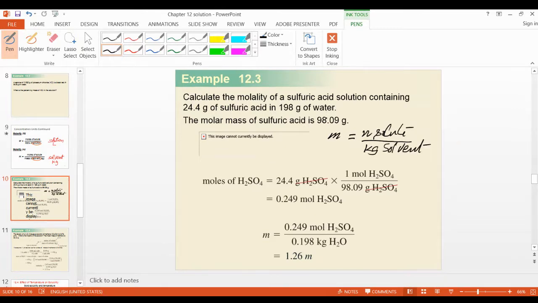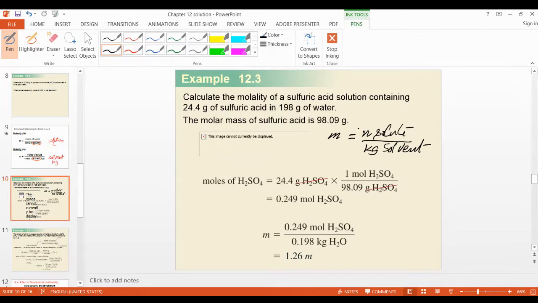Moles are not given. So what do you do? Divide by the molar mass to get the moles. There is a molar mass, and you divide.